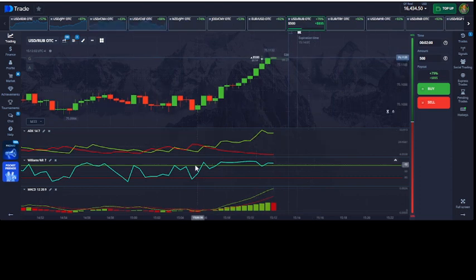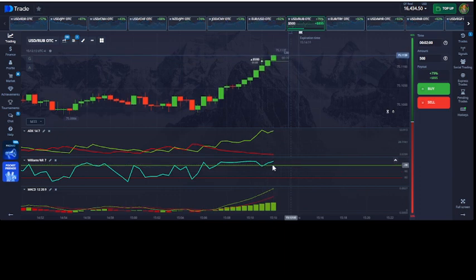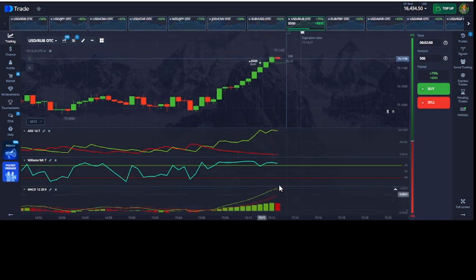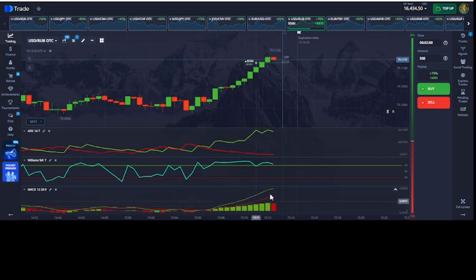Secondly, here the Williams percent R line has crossed above the green -20 line here, suggesting that the bullish trend is relatively strong. And then if we look at the MACD indicator here, the histogram lines are growing in length and printing above the zero line, along with the green MACD line and the red signal line sloping upwards.